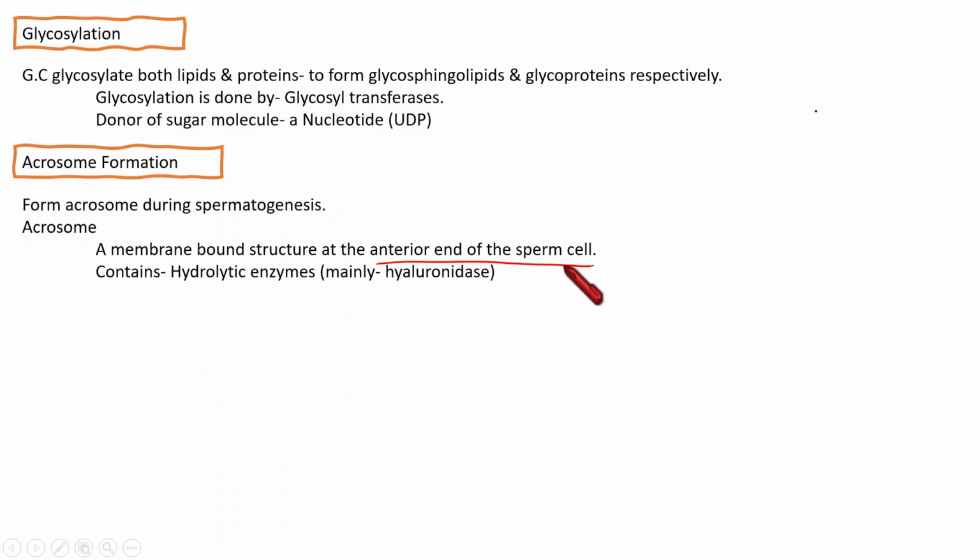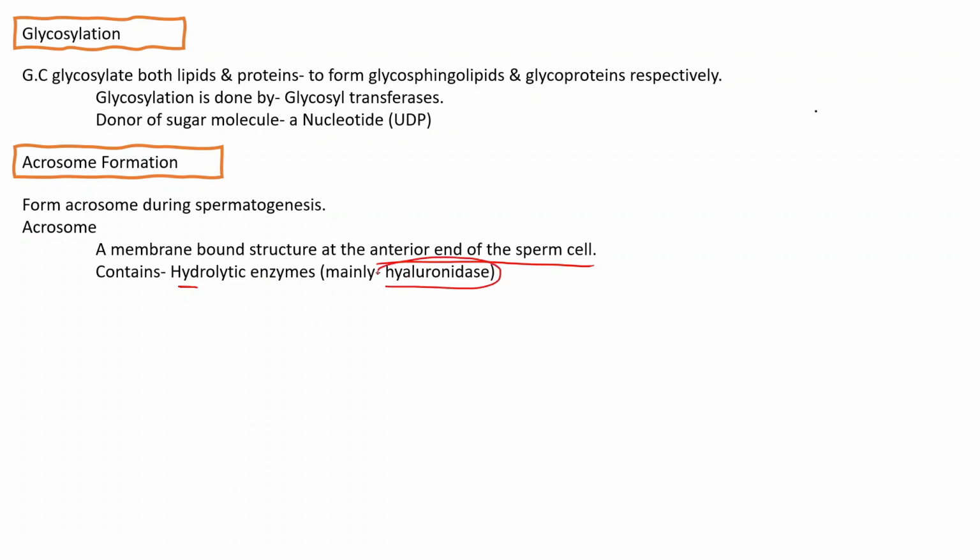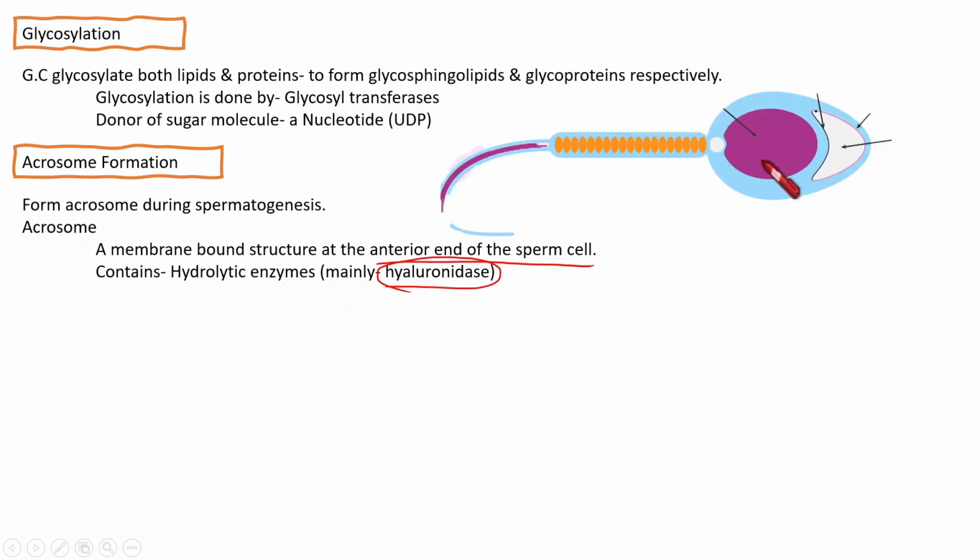Inside that acrosome are present so many hydrolytic enzymes, and among them the important one is hyaluronidase, and this enzyme is loaded by the Golgi complex. So this is a picture of that sperm, and this is the acrosome.